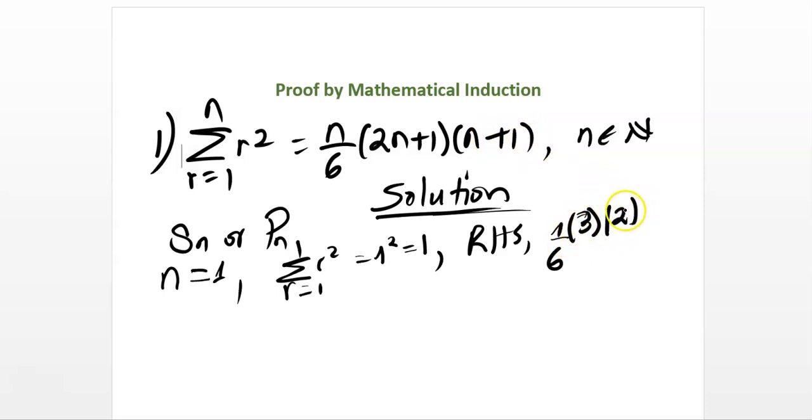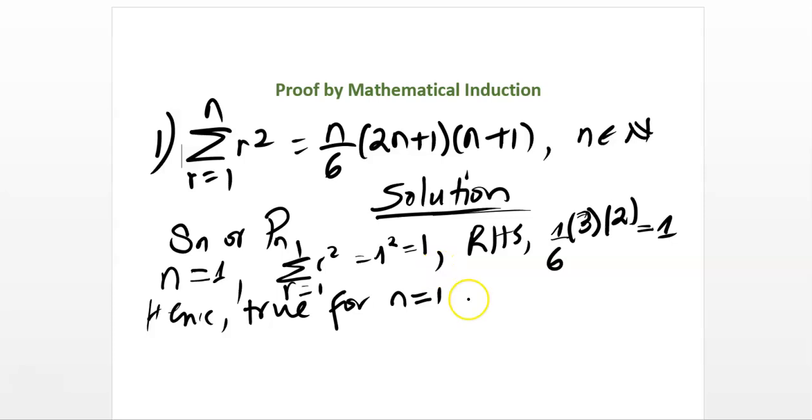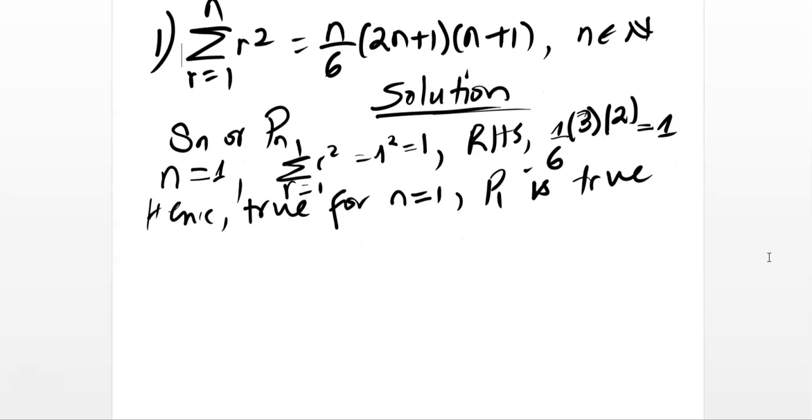So 3 times 2, 6. 6 divided by 6 gives you 1. Hence, it is true for n is equal to 1. That is P1. Okay, now, being true for P1, we have to proceed.